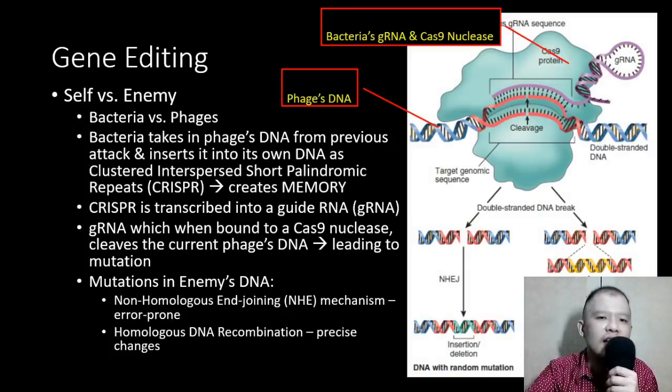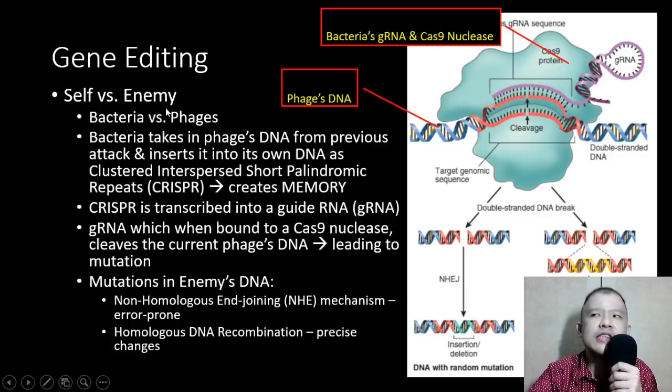Let me just explain to you a little bit about the concept of gene editing. It is based basically on how a certain bacteria fights its enemy. So in the book it mentioned phages or viruses.